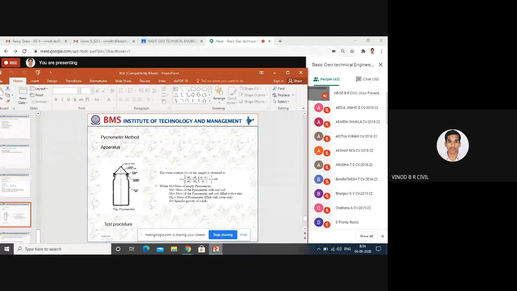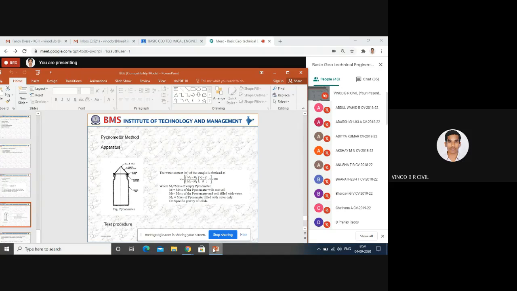What is the test procedure? First, take down the empty weight of pycnometer, that is called M1. Next one is pycnometer with the wet soil, that is M2, with about 1/4 of the bottle filled with wet soil. Then M3 is pycnometer with soil plus filled with water, the remaining space completely filled with water.